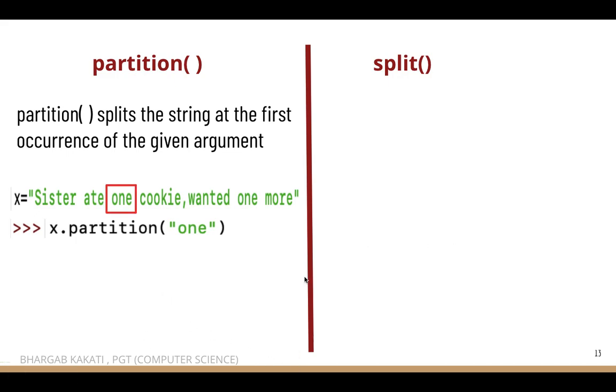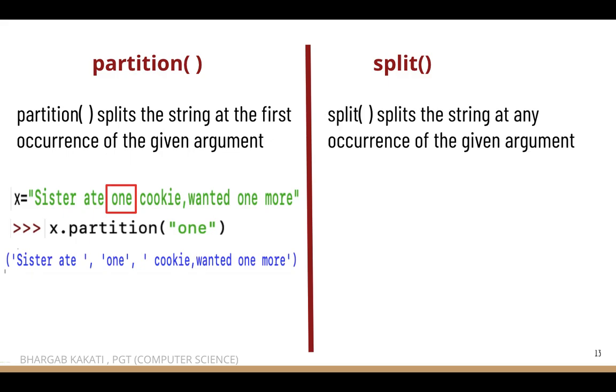Before that I have "sister ate", the separator is 1, so 1 will be the second element, and after that we have "cookie, wanted 1 more", so that will be the third element of this function.